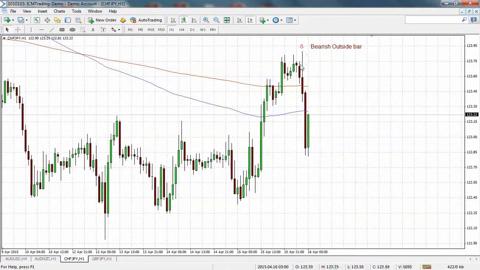It completely engulfs this previous bar. This bar's high is higher than the previous bar's high, and this bar low is lower than the previous bar's low. So it completely engulfs it, which makes it an outside bar, and the bar closed much lower than the previous close.